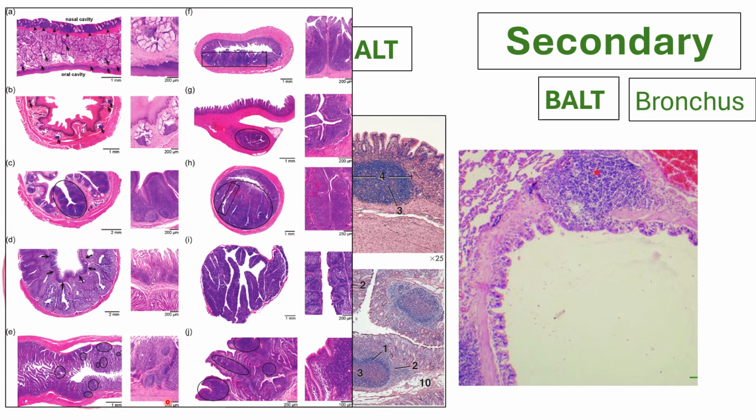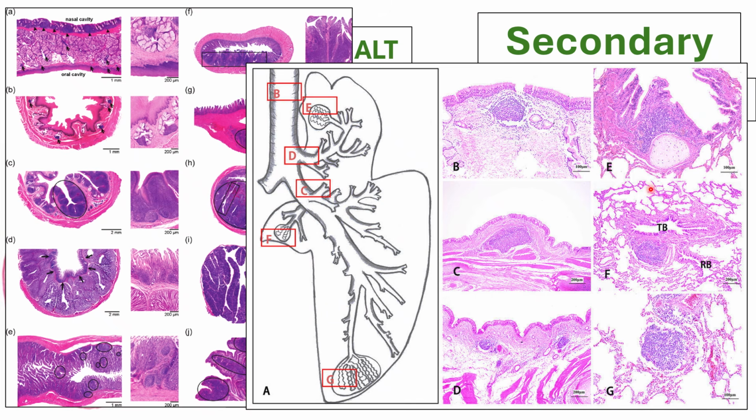But for now, I want you to appreciate that you can also see this clump of lymphoid cells, again in the lamina propria or the submucosal layer, just beneath the epithelial layer of the mucosa. They are usually seen in the bronchial area because the idea is to catch these pathogens even before they go into the deeper areas of the lungs.